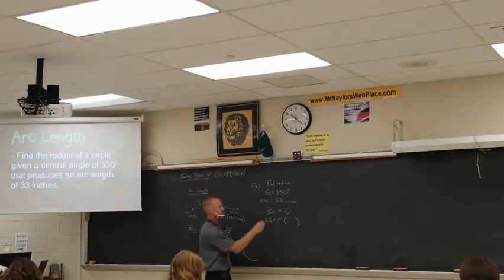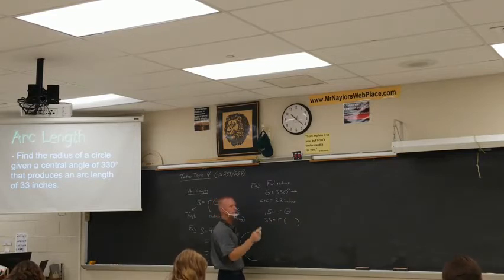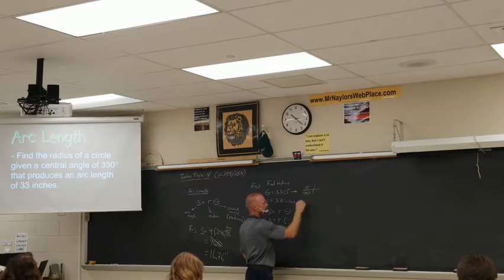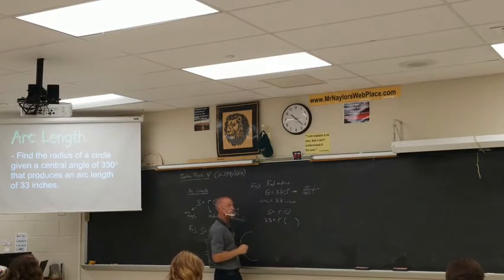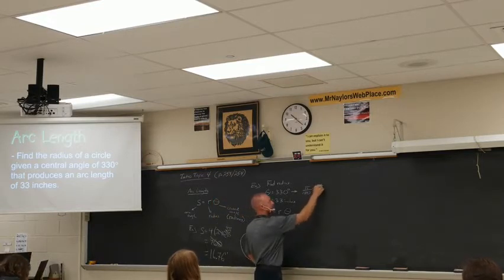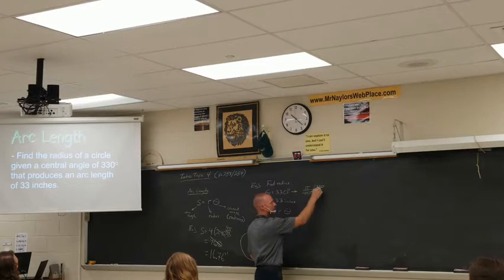So we have a little bit of a crucial step in this problem. You've got to change 330 into radians. Now this takes us back to maybe the first, second, third day of school. If you want to convert to radians and you want to use this method I showed you, it's simply a matter of canceling the degrees. And the way that you cancel the degrees is by putting 330 in the numerator. That'll cancel the degree symbol here.